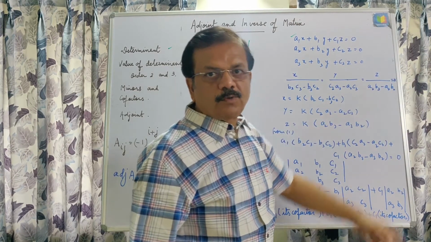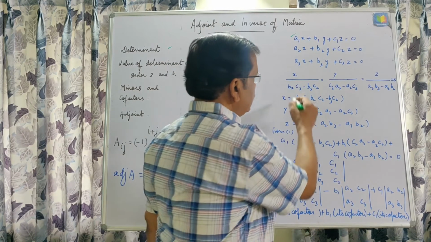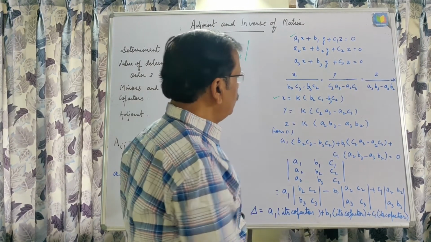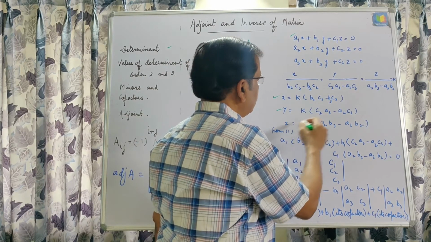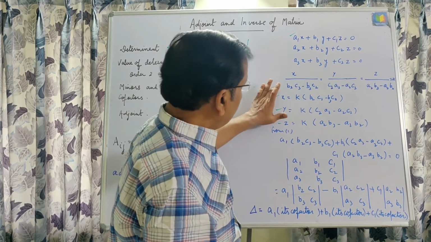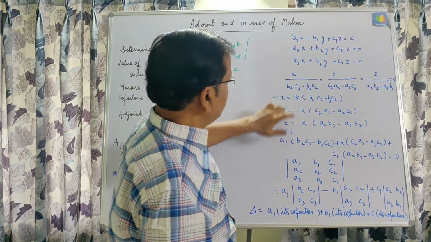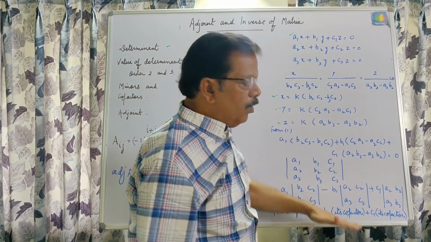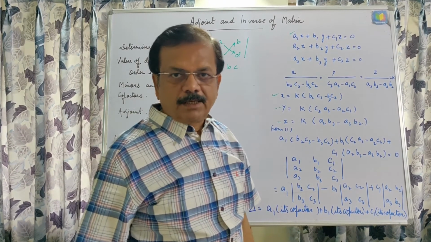Let this be equal to a constant k, and this way x is k with this value, y is k with this value, and z is k with this value. Putting the values of x, y and z in any equation, we can get the value of the determinant accordingly.